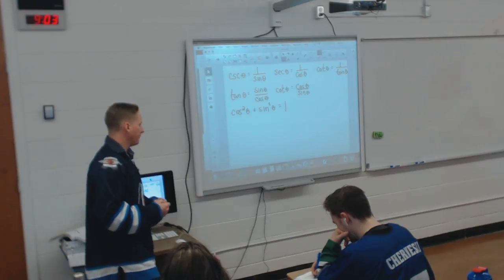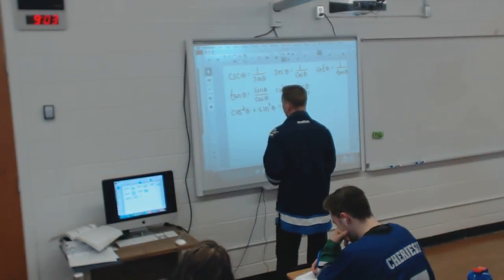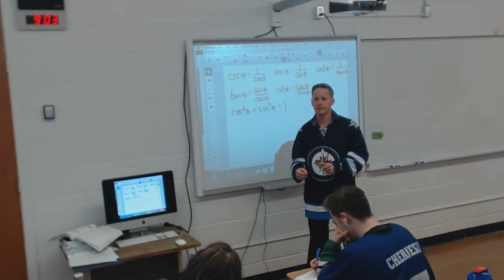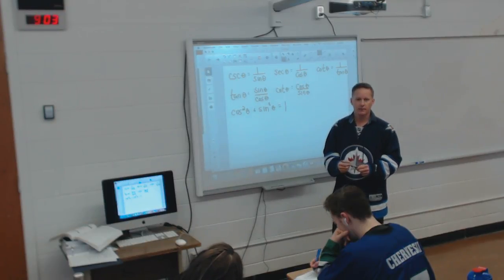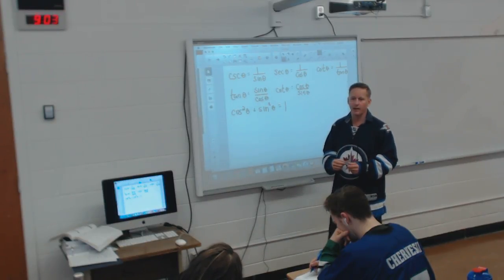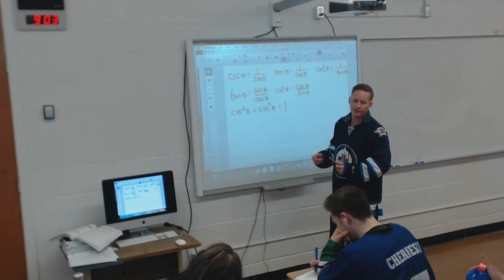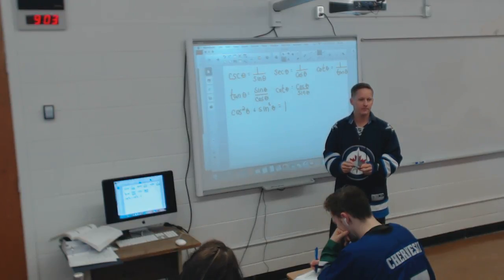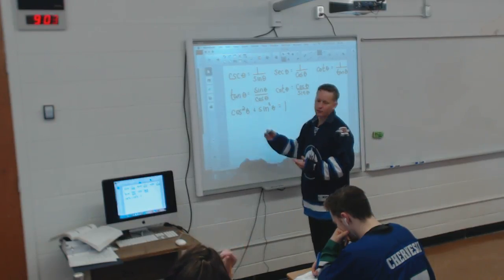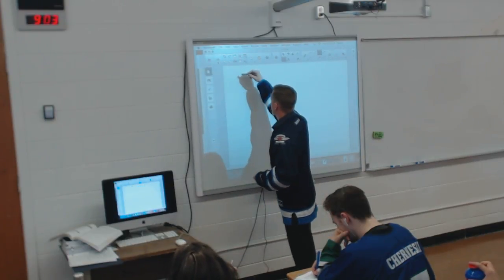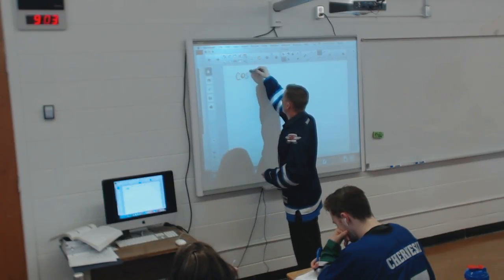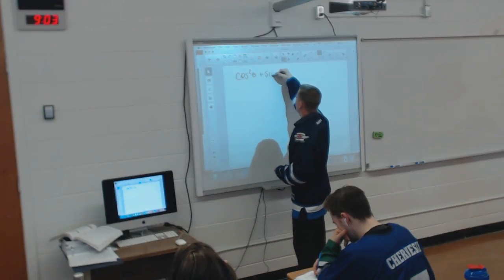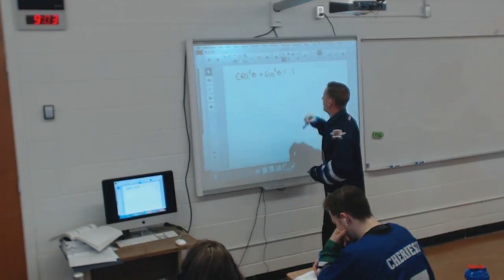Okay? Now, we're going to create 2 more identities from this. And in order to do that, I'm going to, first of all, divide everything by cos squared theta. Okay? So I don't want you to write this down. I'm just going to show it to you. So I start with this: cos squared theta plus sine squared theta is equal to 1.